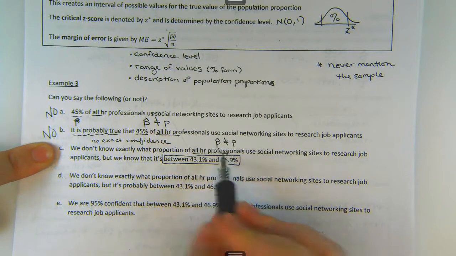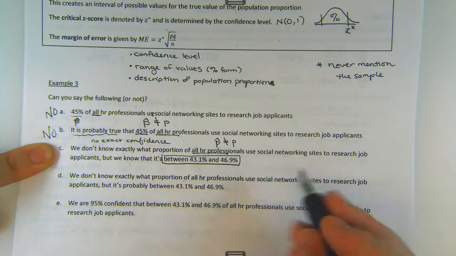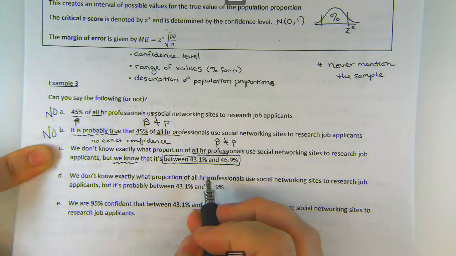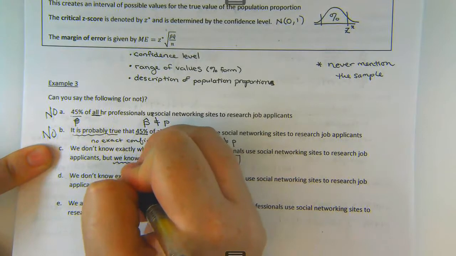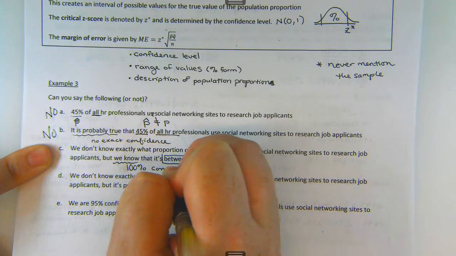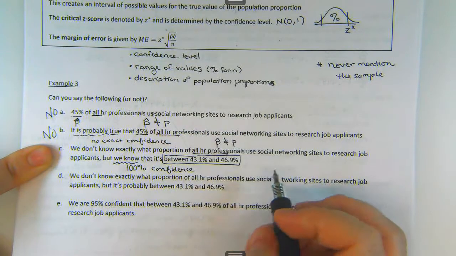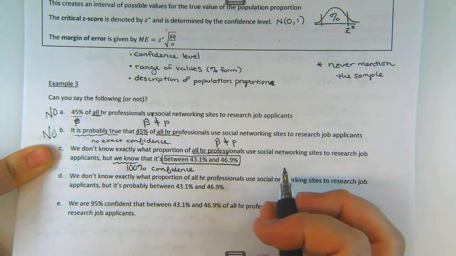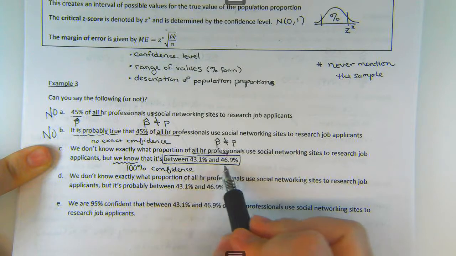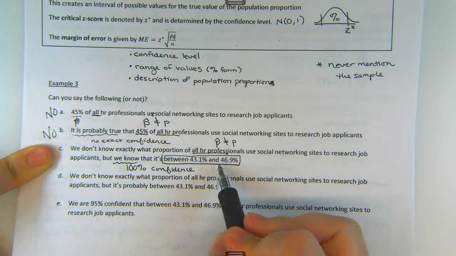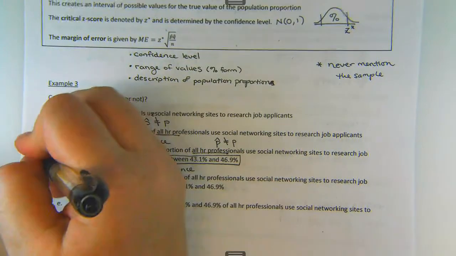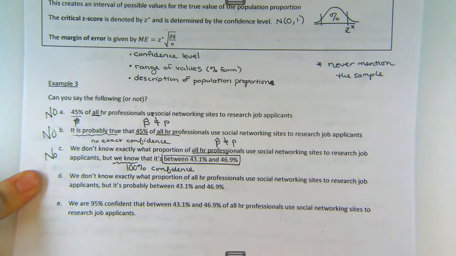And actually within the wording, it does give us a confidence level by saying we know that it's between those two values. That's stating the idea of 100% confidence, which we do not have. Using our formula to get these values out, especially that z star value, was all about being 95% sure. We're not going to have 100% confidence here. So no, that does not work.